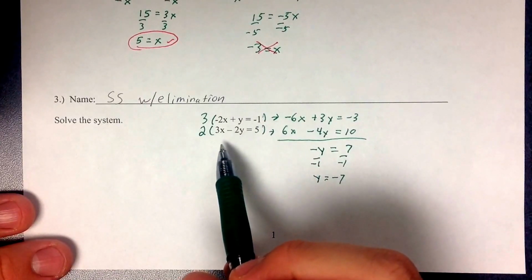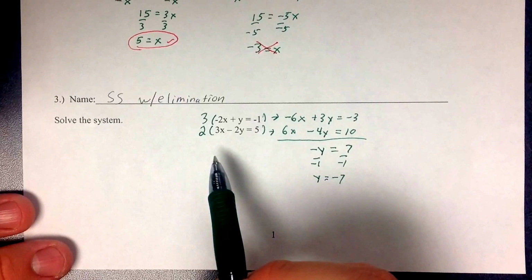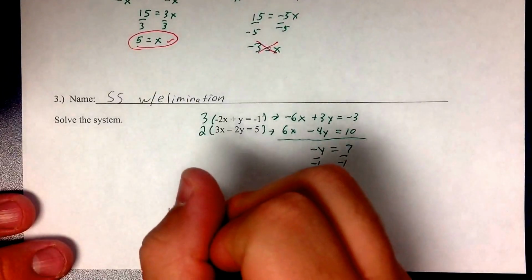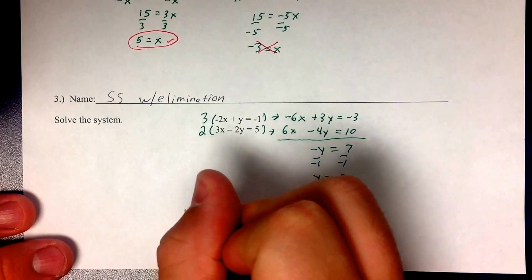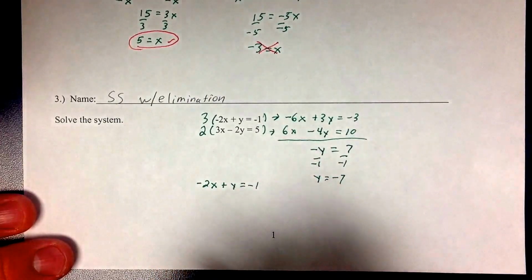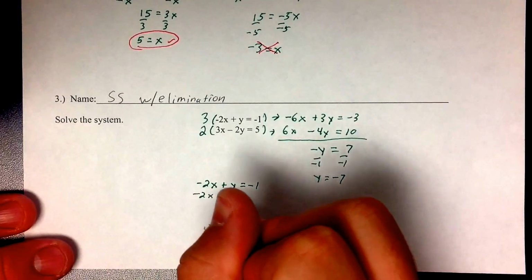Then it's just a matter of picking which one you want to plug into. I could do the top or the bottom. So I'm just going to pick the top equation. So the top equation is negative 2x plus y equals negative 1. But now I'm going to plug in a negative 7.